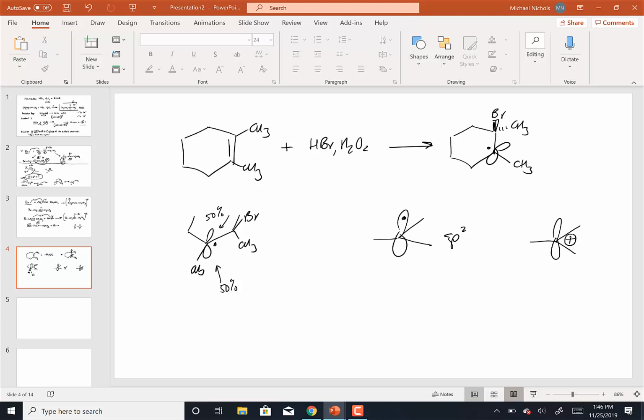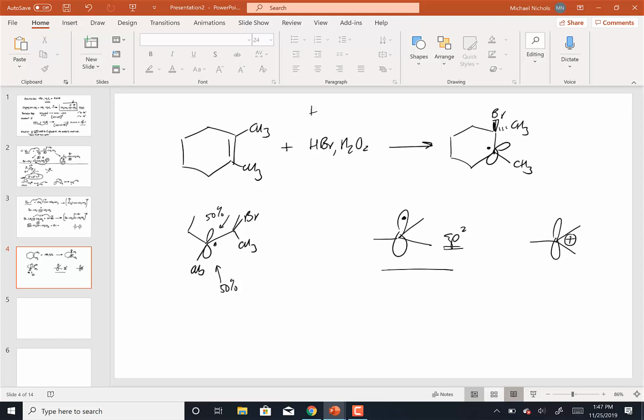So in this class, whenever we do a reaction with a radical or a carbocation, more generally with an sp2 hybridized intermediate, that carbon's always going to end up as a racemic mixture. It's always going to end up 50% cis, 50% trans. So in this case, when I add my HBr, because I'm going through an sp2 hybridized radical, I'm going to end up with 50% cis and 50% trans.